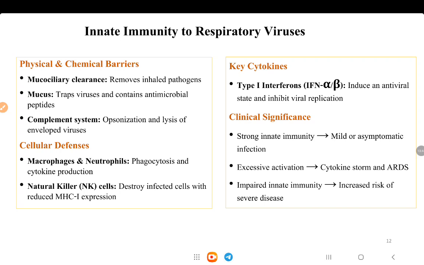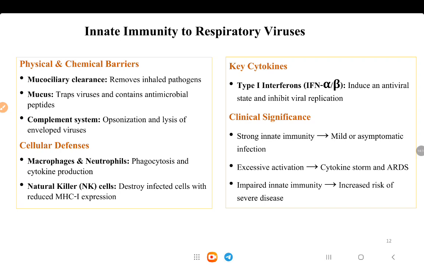Clinically significant, we find that type 1 interferon alpha and beta induce an antiviral state and inhibit viral replication. Clinically significant, due to this response of the innate immunity, it leads to a mild or asymptomatic infection, while excessive activation of this immune response can cause a cytokine storm or acute respiratory distress syndrome.